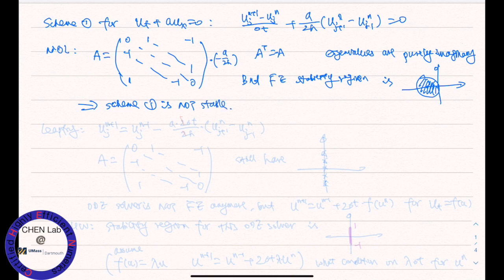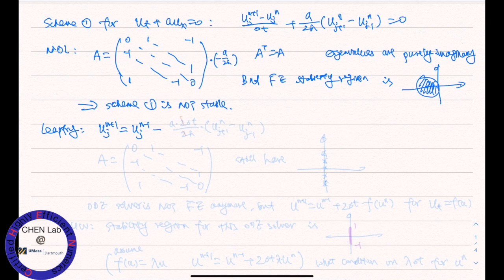The next scheme we'll look at is the Leapfrog that we wrote down, which is u_j^{n+1} = u_j^{n-1} minus, so you are going to do 2 delta t.